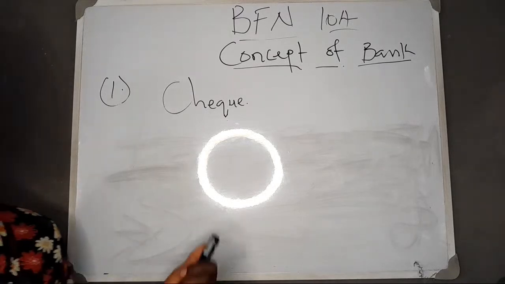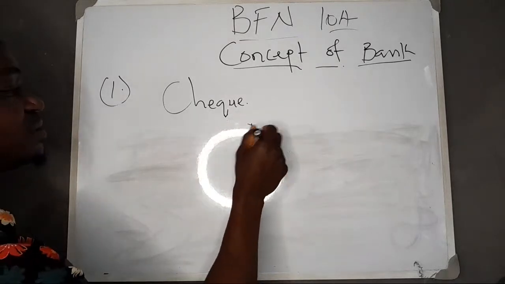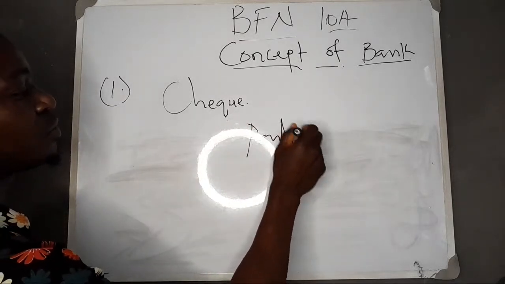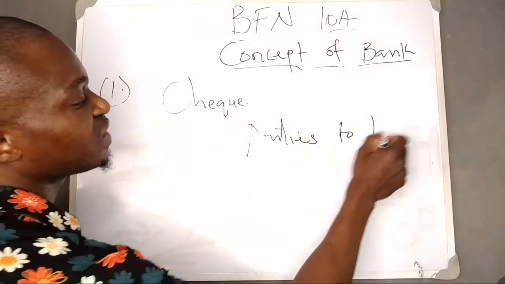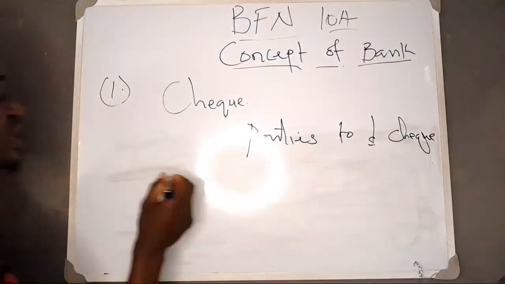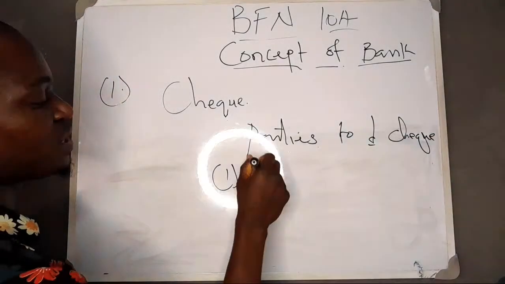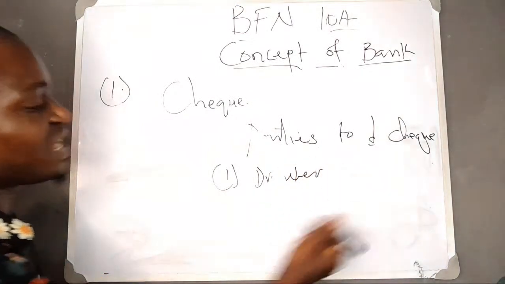And again, we have the payee. I've mentioned it earlier. We have the drawer, that is the owner of the account.